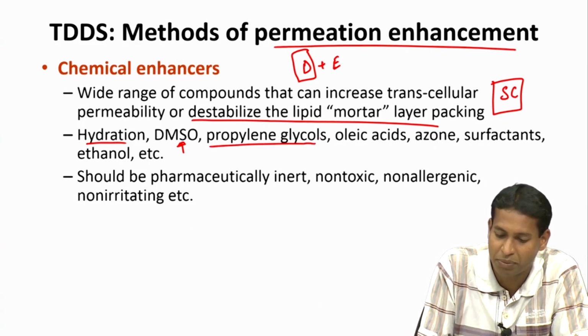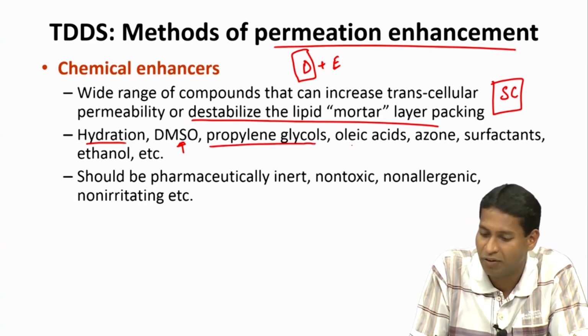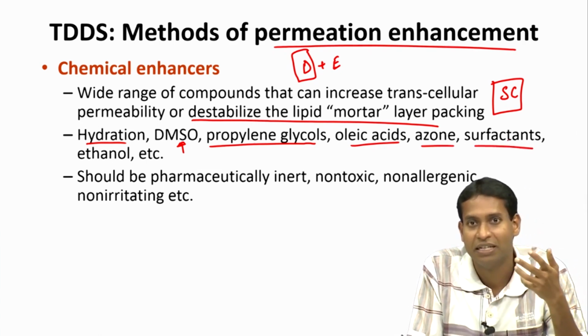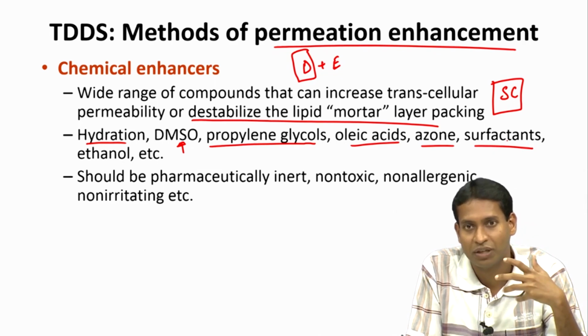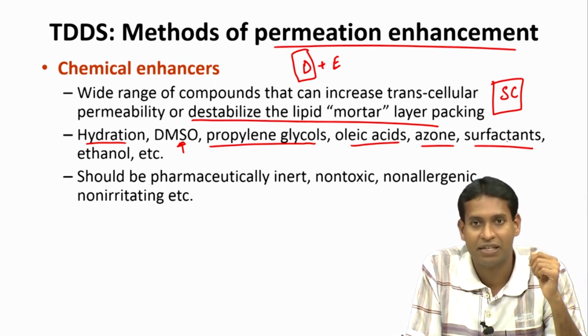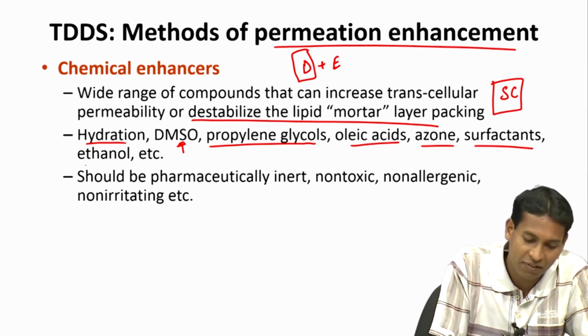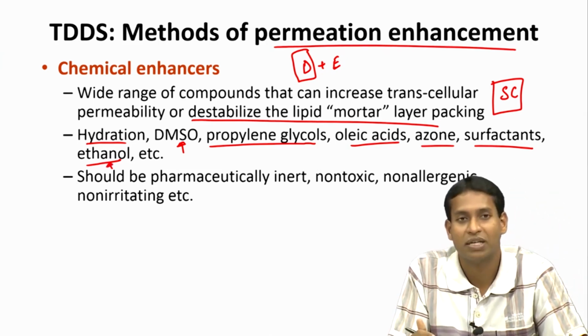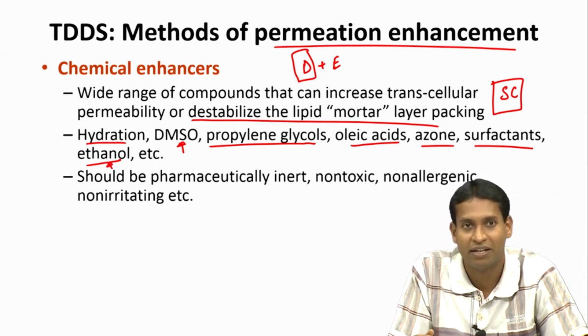You have polypropylene glycols, you have oleic acids, azone, other surfactants. Surfactants will again be very good, because as we said, surfactants can interact with both hydrophilic and hydrophobic components, and that can result in quite a bit of enhancement. Then ethanol itself is a very good permeable molecule through the skin, as well as it can also enhance the delivery.